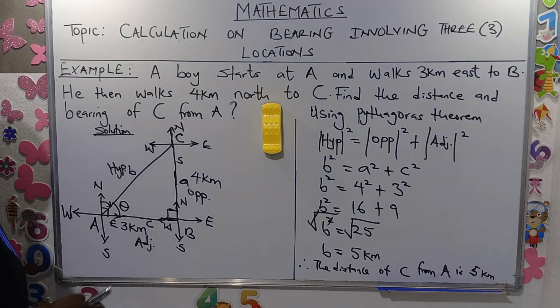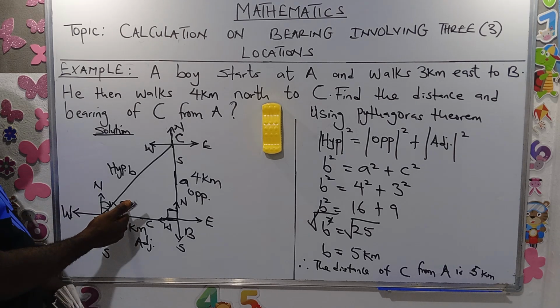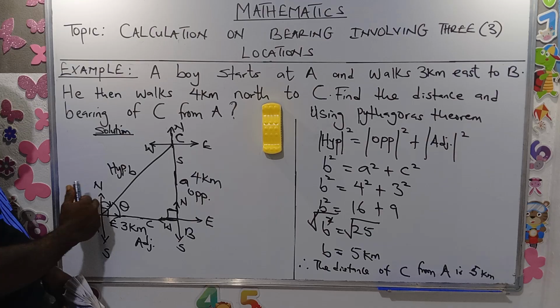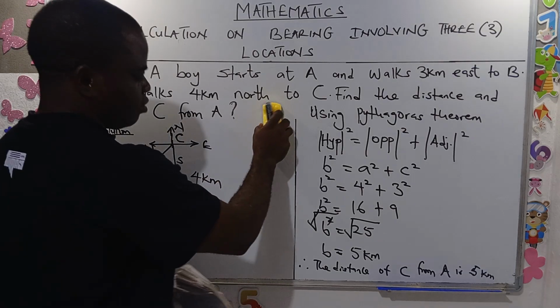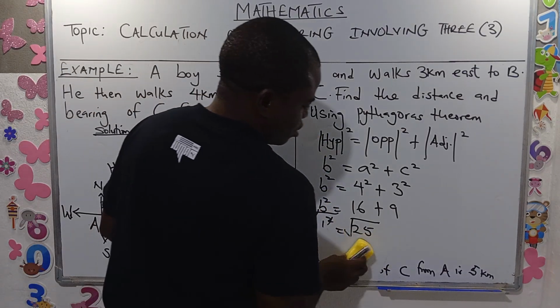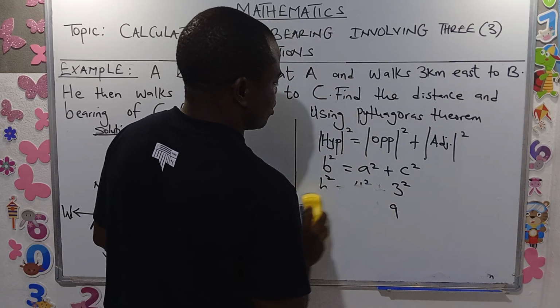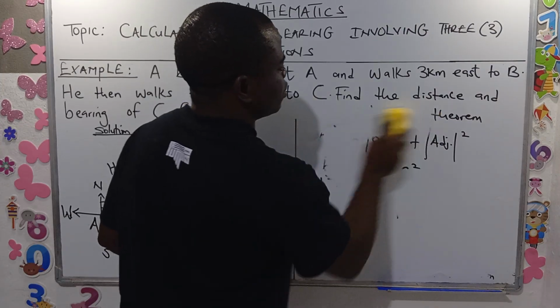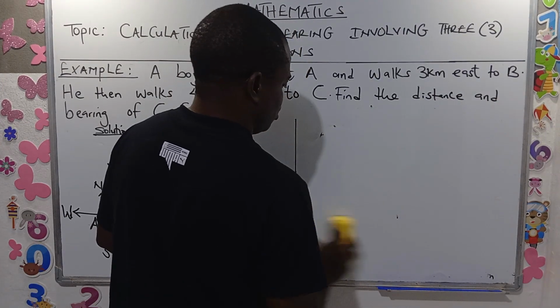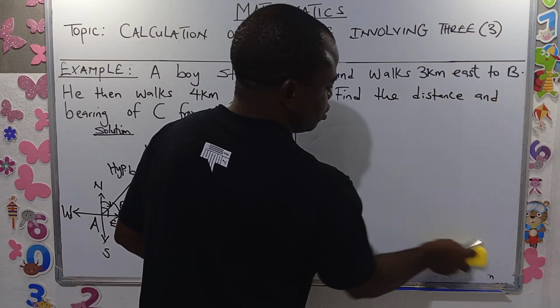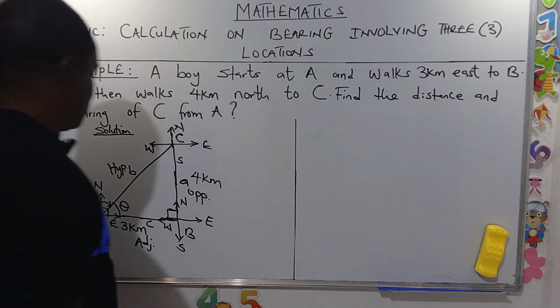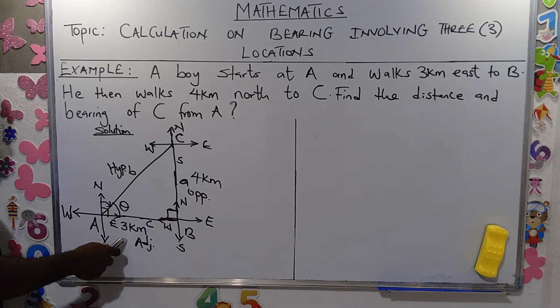Now let's look for the bearing of C from A. For the bearing of C from A, you have to get this angle first. After getting this angle, subtract it from 90 degrees to know the angle it takes to turn from the north to the line to C. Now let's solve for the angle theta first. You have the opposite and you have the adjacent.